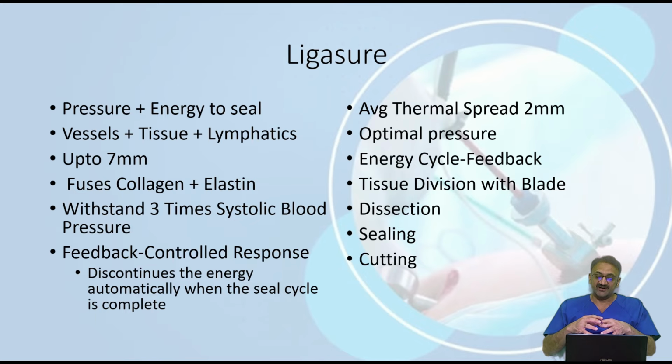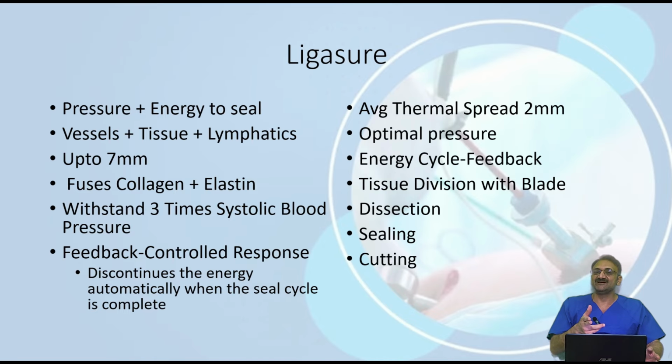It has a very important thing which is called the chip mechanism, and it has a feedback controlled response. It usually alarms and lets you know that the tissue is completely coagulated, and then you can cut the tissue.